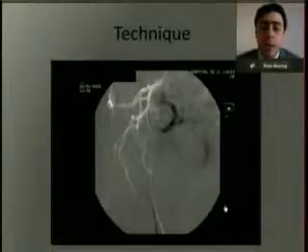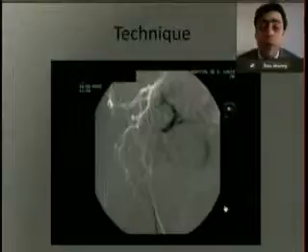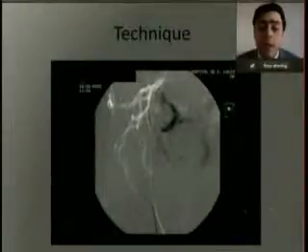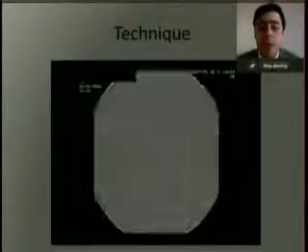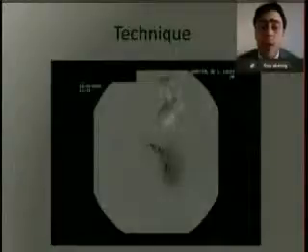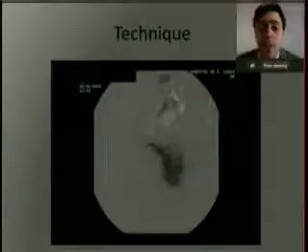And we try to go as distal as possible to have a very selective DSA and to avoid non-target embolization, to exclude completely the vesical arteries, the rectal arteries, and of course the branches of the internal pudendal. So this is our first selective angiogram. As you can see on the right side, very nice prostate.